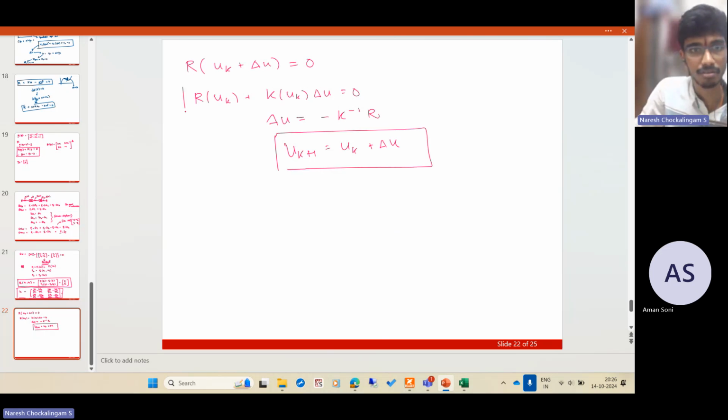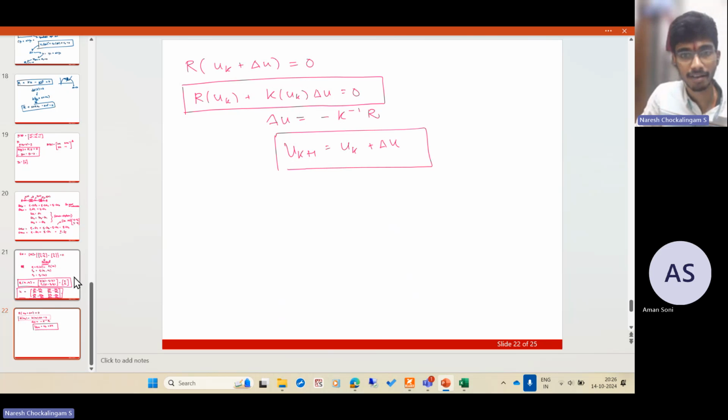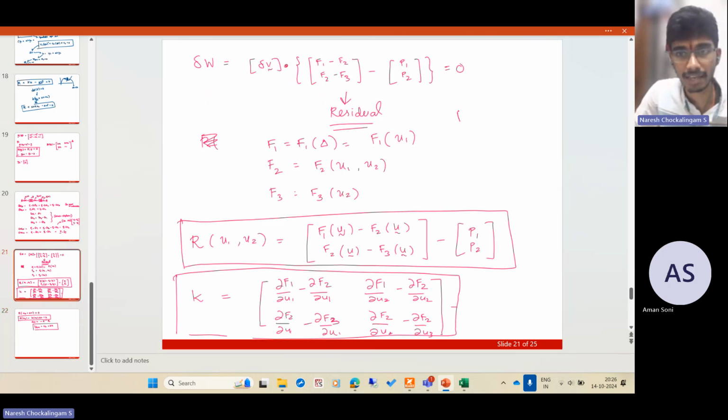This one and this one together will form the system. So now it doesn't matter, F1 can be any function of u. For example, I can take F1 as some a times u1 squared plus b sine u. F2 depends on delta 1, and delta 1 is just u1.